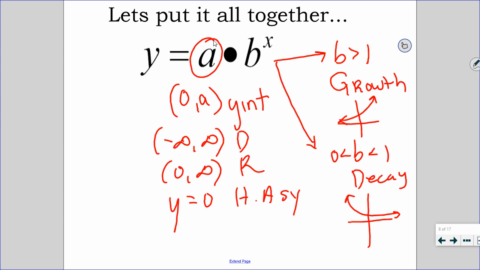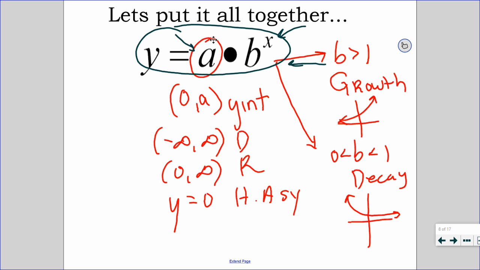These are all for exponential functions just in this form, because one of our other lessons is going to have transformations. We're going to modify them by adding and subtracting to the x, adding and subtracting to the whole function. We're going to make a negative, and that's going to be a reflection over the x-axis. So these are all guaranteed items for something in the general form of a times b to the x. Okay?